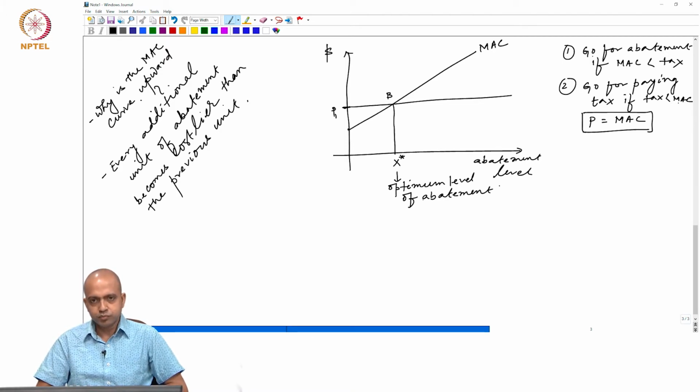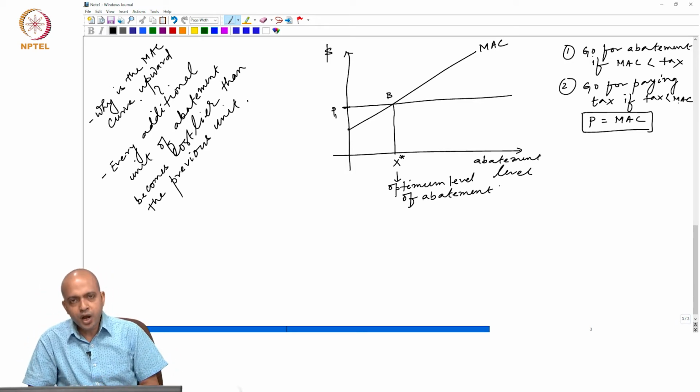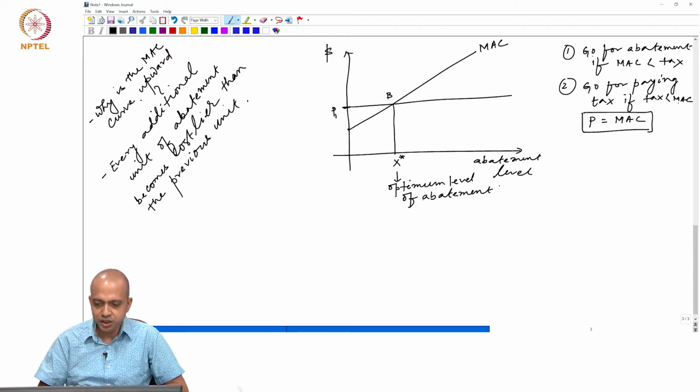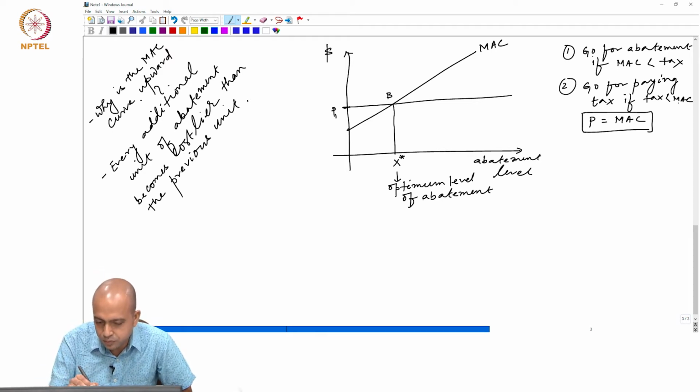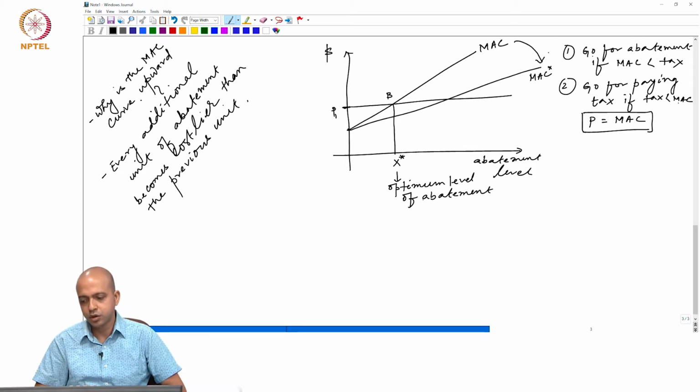Now, suppose the firm can invest more in this MAC technology, that means abatement technology, so that the per unit cost of abatement goes down. So, if the firm invests in R&D to come up with better technologies, this MAC will shift from, let us say, MAC to MAC star. That is possible. Okay?